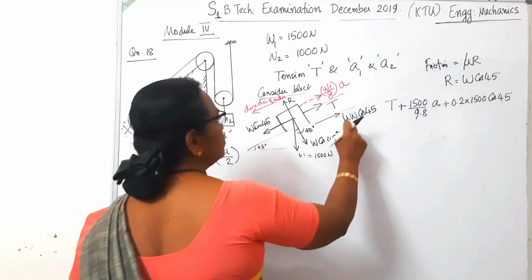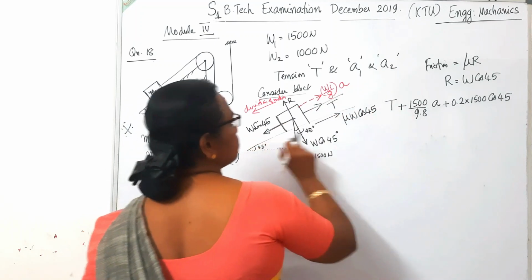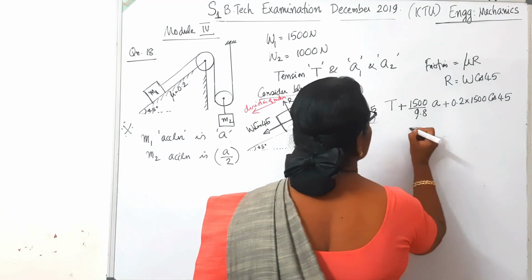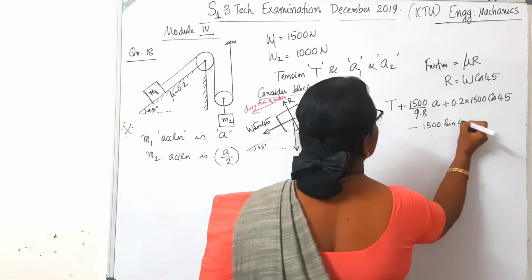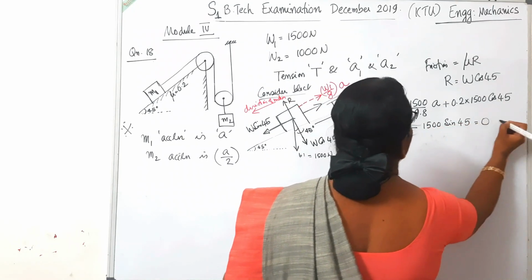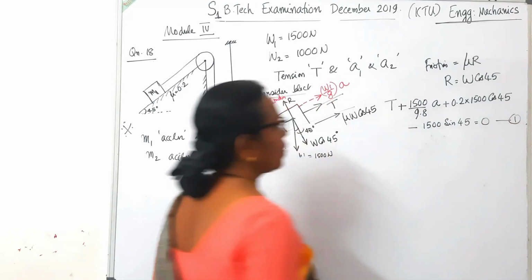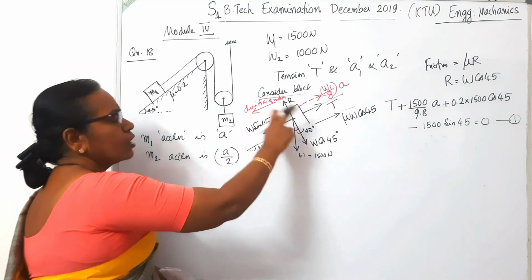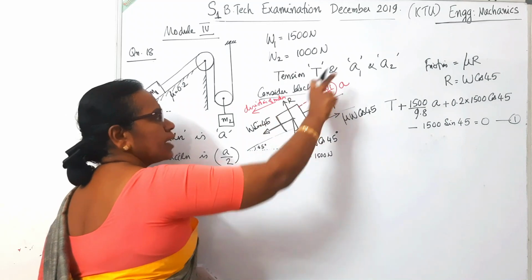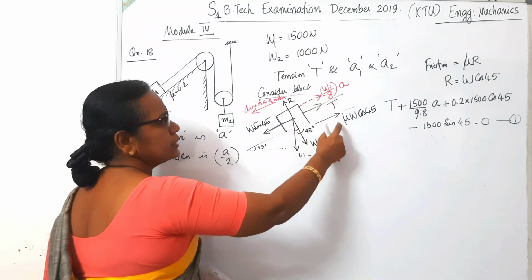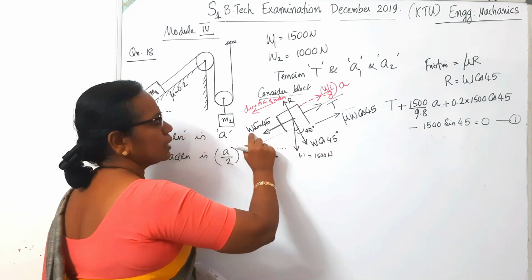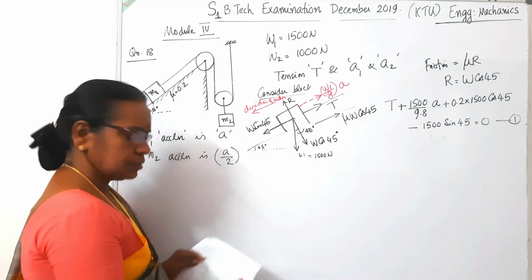So these are three forces in the upward direction, minus W sin 45, equal to 0. So, along with all other forces, we apply an inertia force opposite the direction of motion, so that T plus W1 by g A plus mu W cos 45 minus W sin 45 is equal to 0.